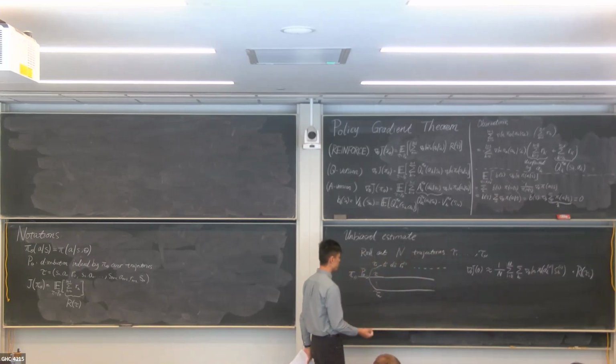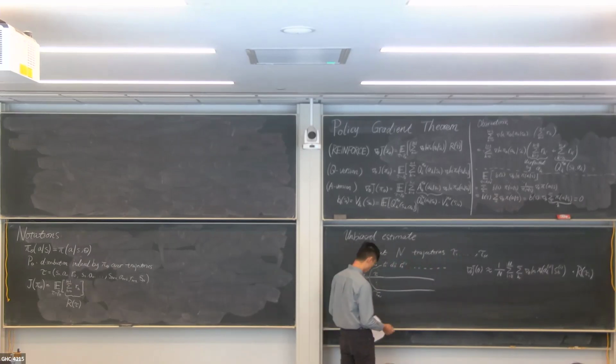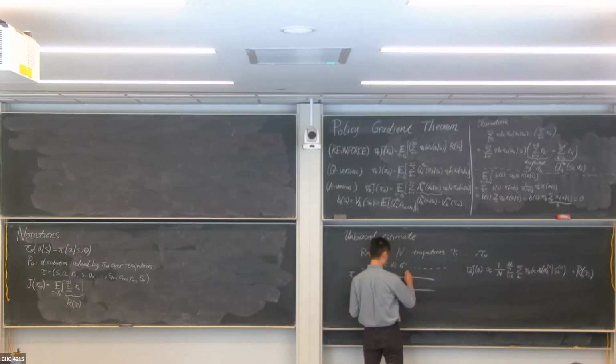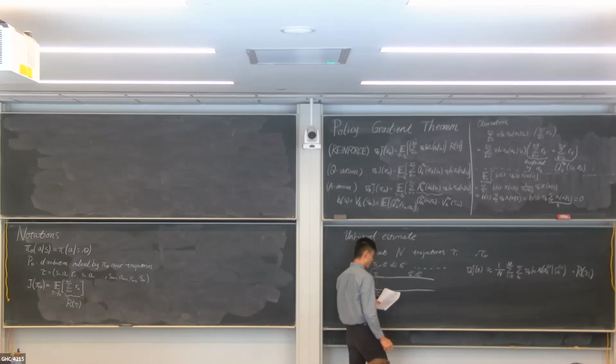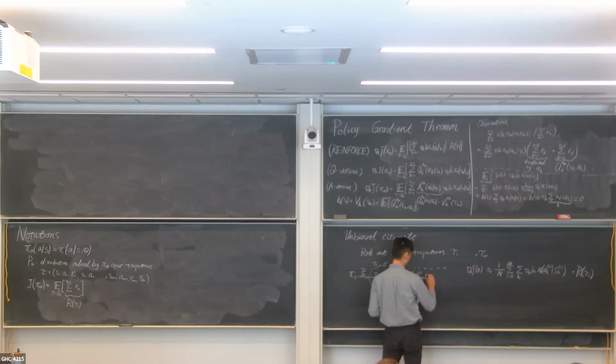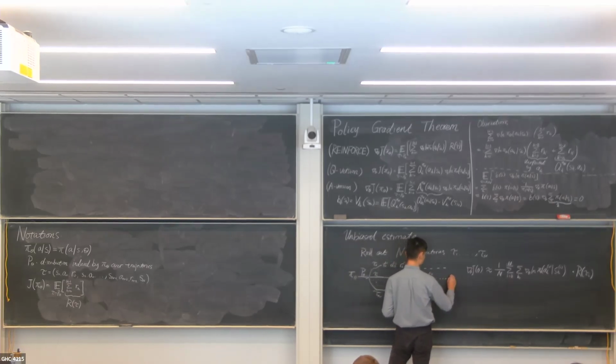You can obviously also do the Q version. So at some point in the i-th trajectory you have S_h, A_h, R_h, all the way to the end.